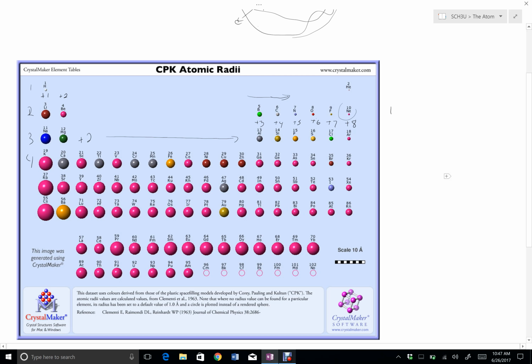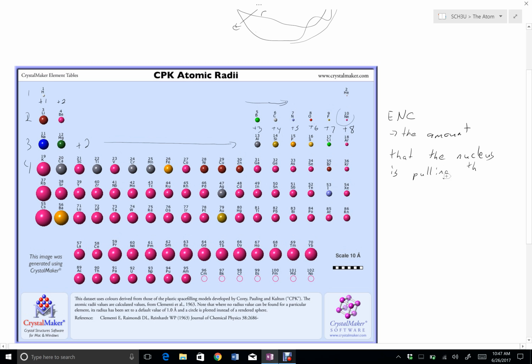Now remember, effective nuclear charge is the amount that the nucleus is pulling the electrons in, or the amount of attraction.